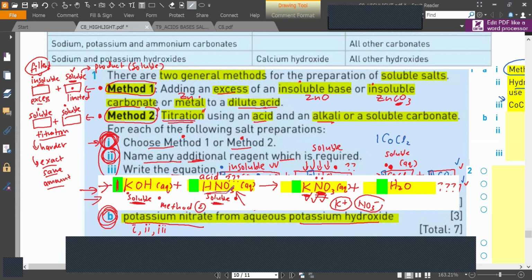How many moles of nitric acid? Also one. Everything is 1. Yes, correct. So it's balanced. Let's look at the answer.